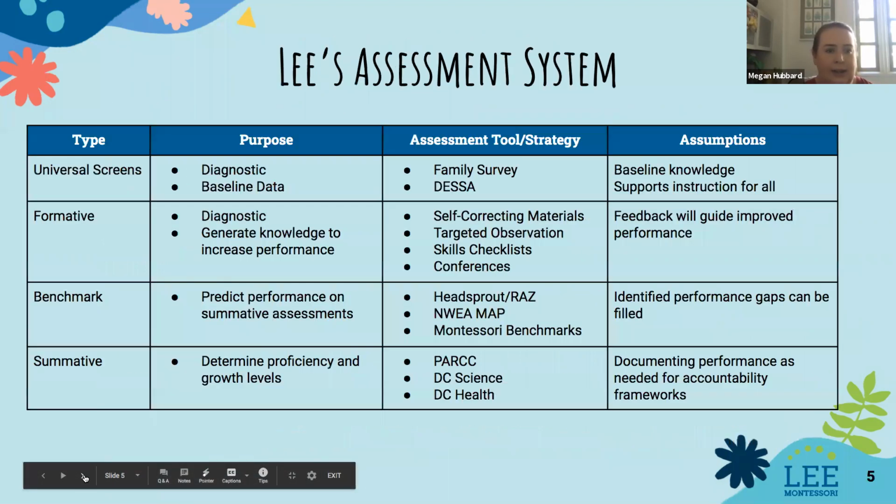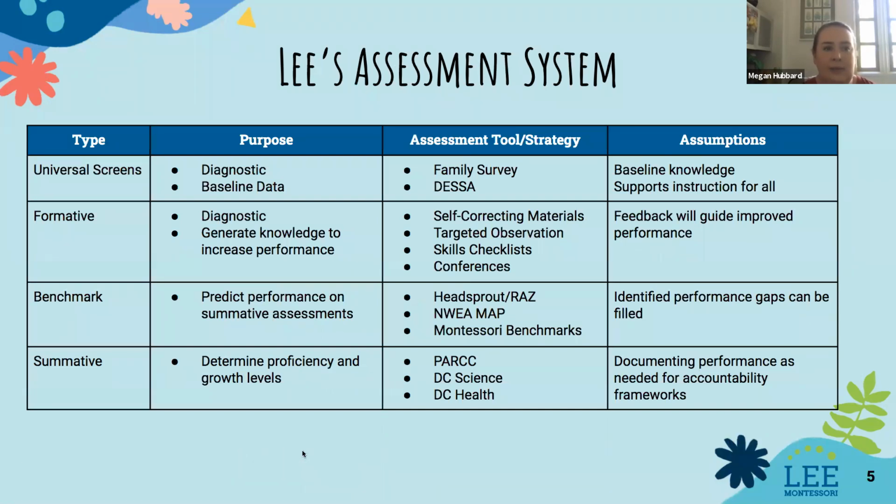All right. So looking at Lee's assessment system, we do all of these different kinds of assessments. The universal screens, the survey you fill out right away when you come into the school, is a kind of universal screen.